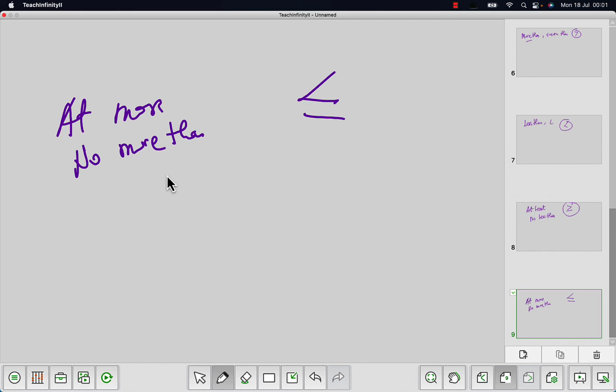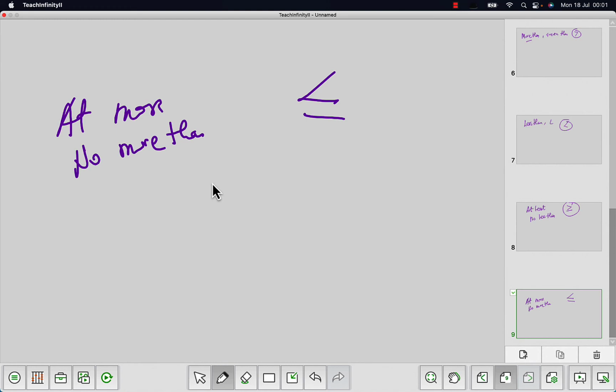It can be less than 7 feet or equal to 7 feet, but it cannot be more than 7 feet. It's no more than 7 feet. It means his height is either 7 feet or less. You understand? These are very important symbols that you need to know to successfully translate a word problem into a mathematical model that can be easily solved.